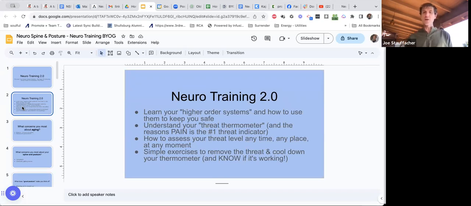Then we'll go over some simple exercises so you can assess and reassess yourself and see, are you in threat or are you bringing your thermometer of threat down? Are you feeling safer?